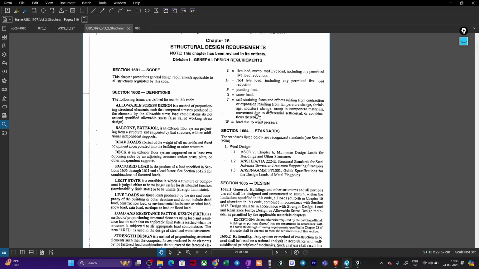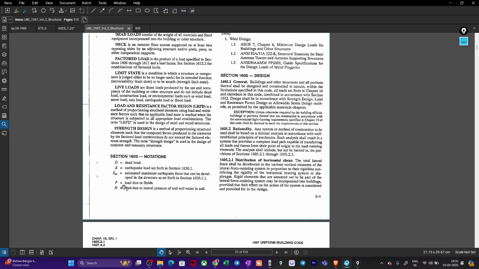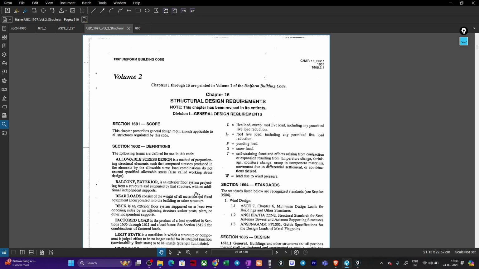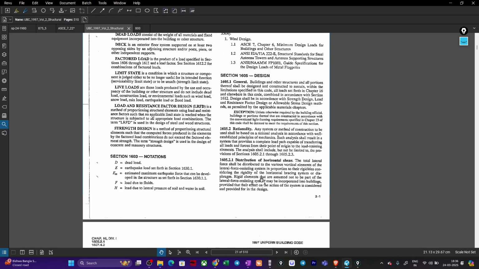If you see here, F is load due to fluids, H is load due to lateral pressure of soil and water, P is ponding load, S is snow load, T is self-straining force and effects arising from contraction or expansion resulting from temperature change, shrinkage, moisture change, creep in component materials, movement due to differential settlement or combinations thereof.